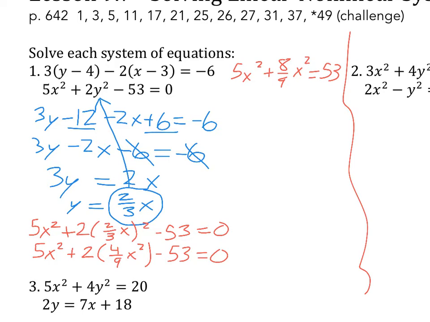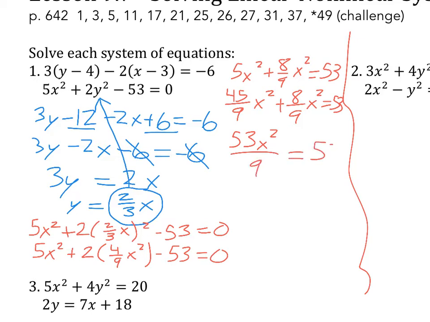Now I'm going to write 5 as 45 divided by 9. And so now we have common denominators. 45 plus 8 is 53, so we have 53x squared over 9 equals 53.